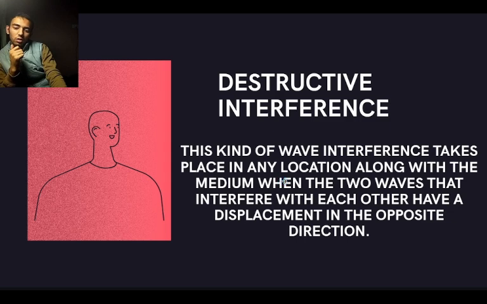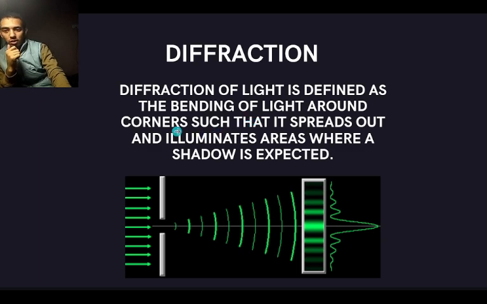In destructive interference, the interference takes place when, at any location in the medium, the two waves interfere with each other and have displacements in opposite directions. So if one wave is completely out of phase and has displacement in the opposite direction, for example, the crest meets the trough and the trough meets the crest, it creates destructive interference.